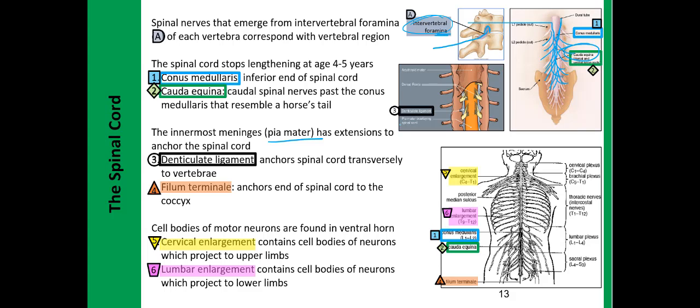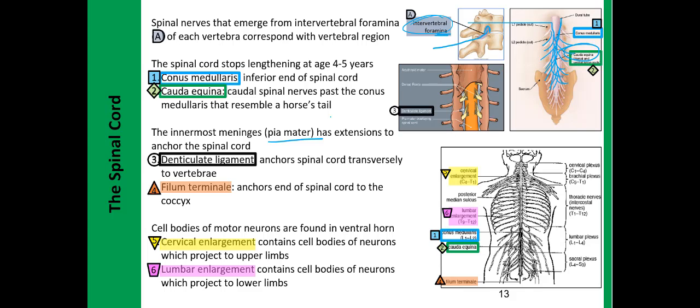And so what happens is then you've got these extensions which help to anchor the spinal cord within the foramen of the vertebrae. There's two types of extensions.